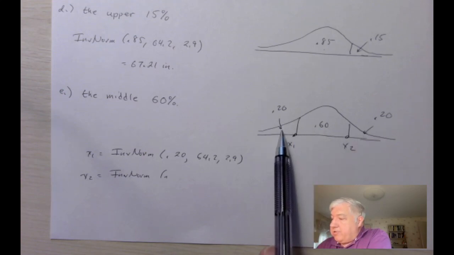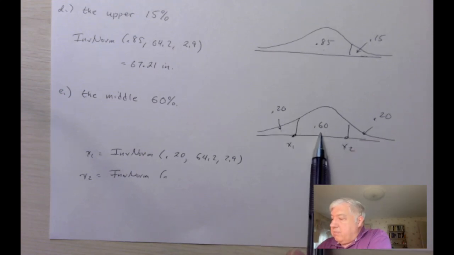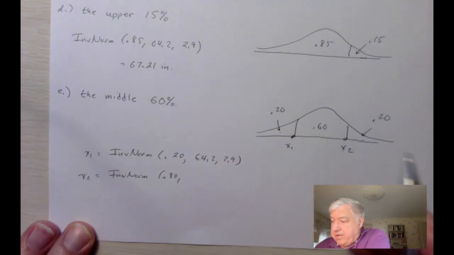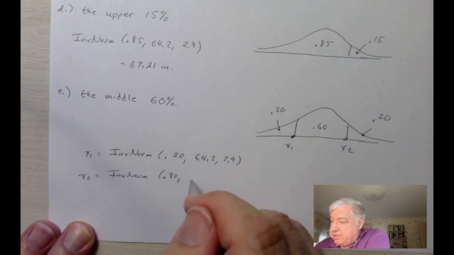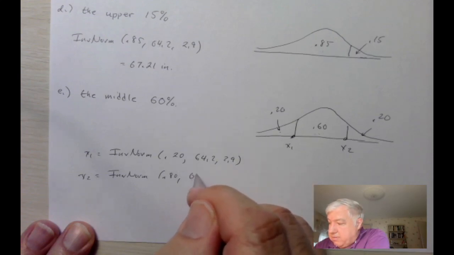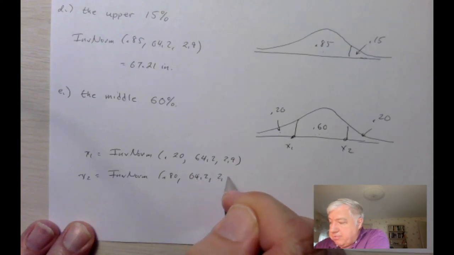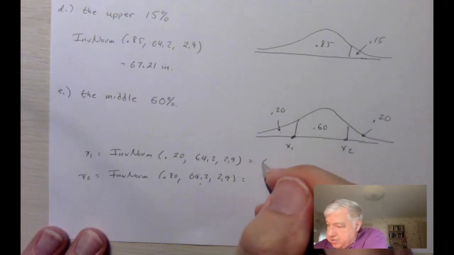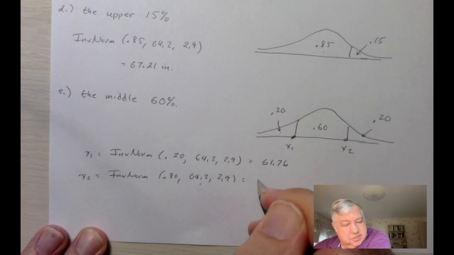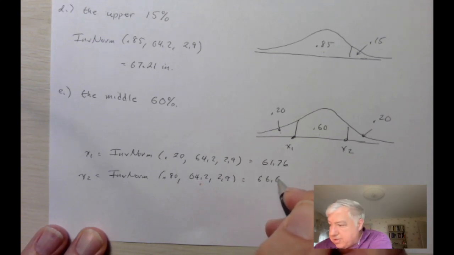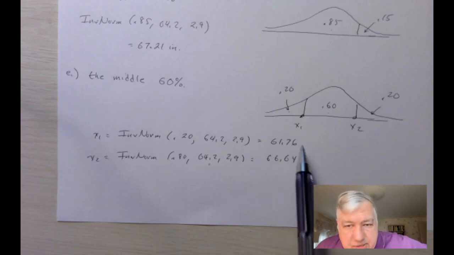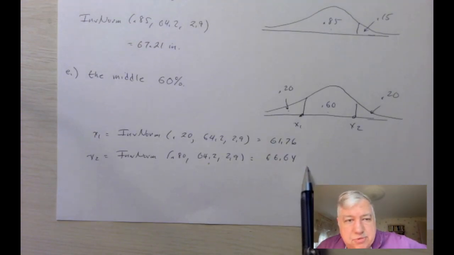That would be 0.20 plus 0.60, that would be 0.80, or the 80th percentile. So this would still be 64.2, 2.9, and the first number is 61.76 and the second is 66.64. So that would mean that 60% of the heights are between these two numbers.